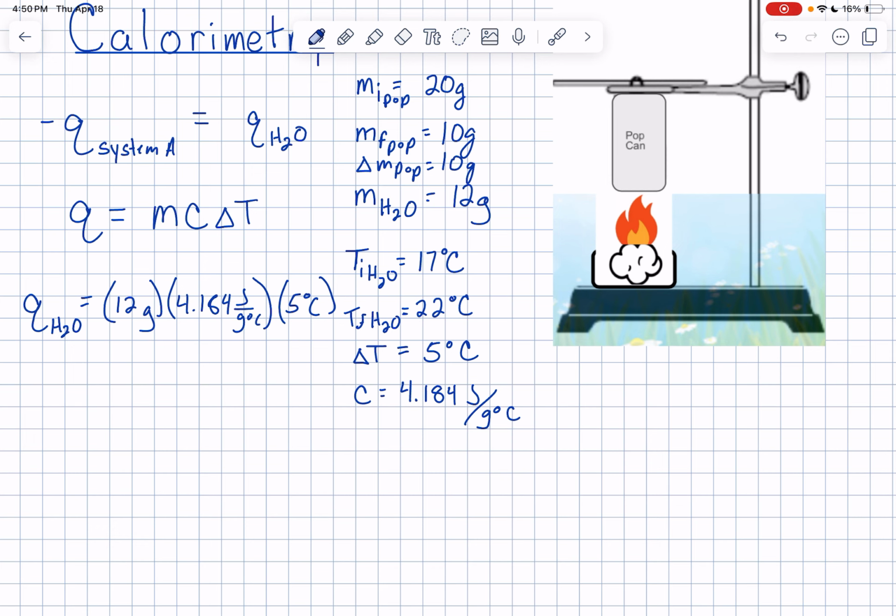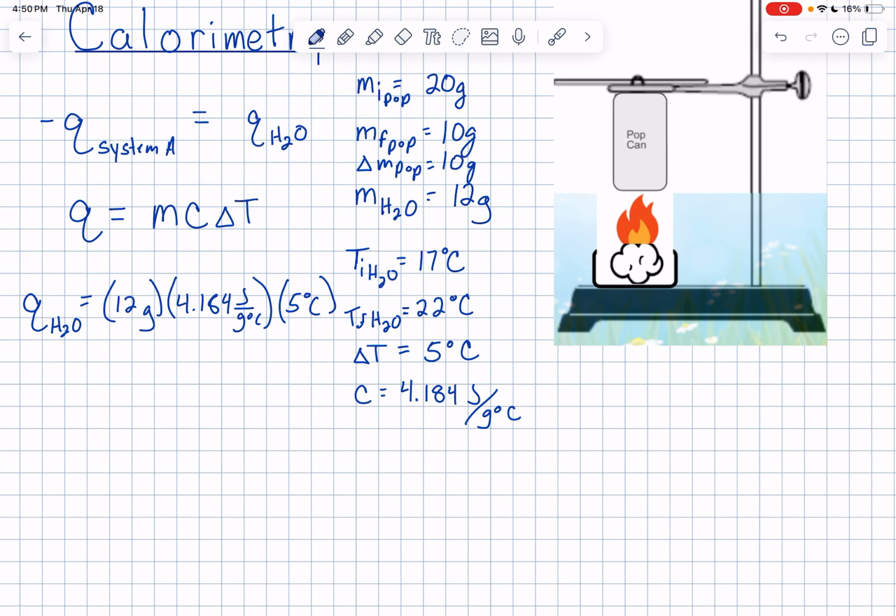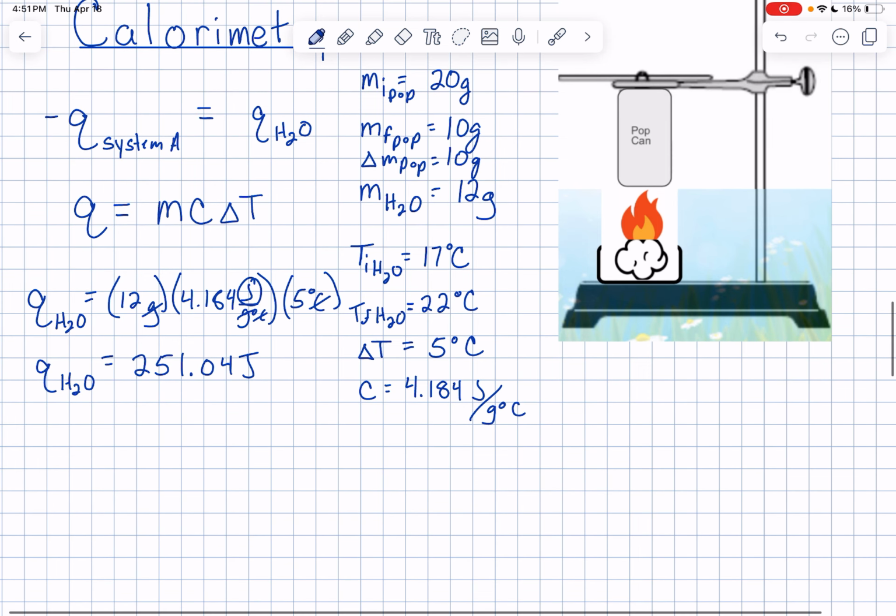And so when I do that, I get that the q of H2O in this example is 251.04 joules. The reason why it's joules is because my grams cancel out, my Celsius cancels out, and so I'm left with joules. Now, since I asked you to determine the enthalpy of the reaction, I'm going to convert these joules into kilojoules.